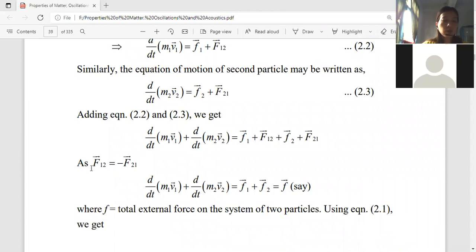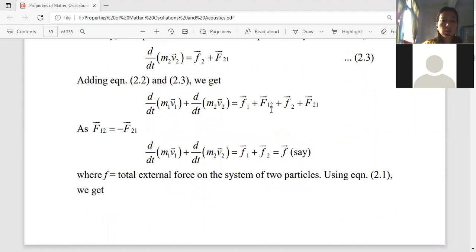As we already know, f12 is equal to minus f21, equal in magnitude but opposite in direction. If one is moving from left to right, the negative sign implies that the other is moving in the opposite direction, right to left. So f12 is equal to minus f21.